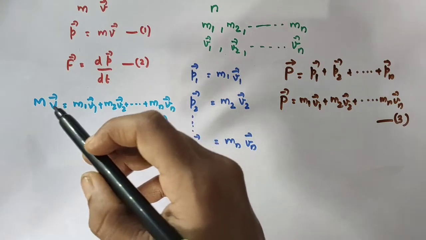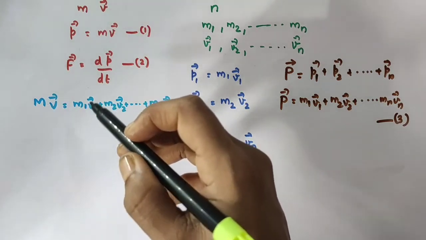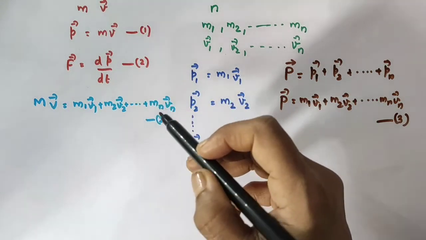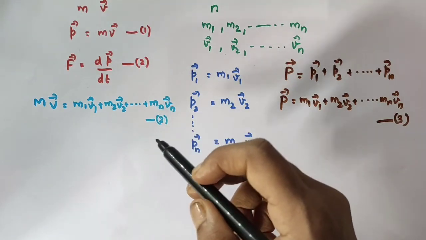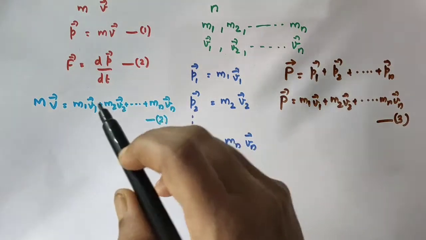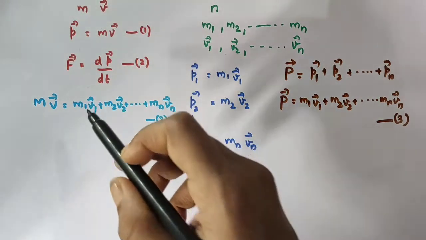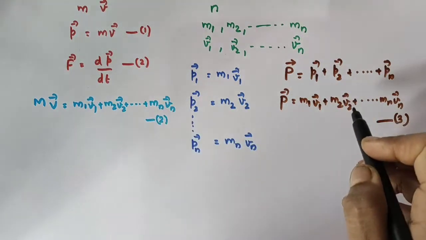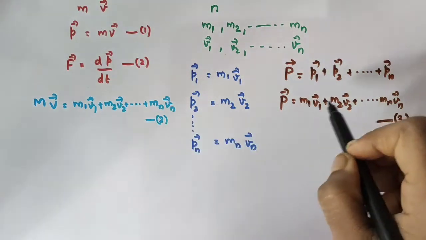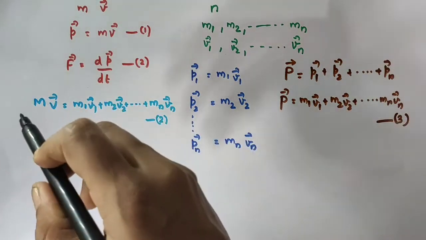Here M into vector V is equal to m1 into vector v1 plus m2 into vector v2 plus etc. plus mn into vector vn. So the right hand sides of both the equations are the same, so we can equate their left hand sides.